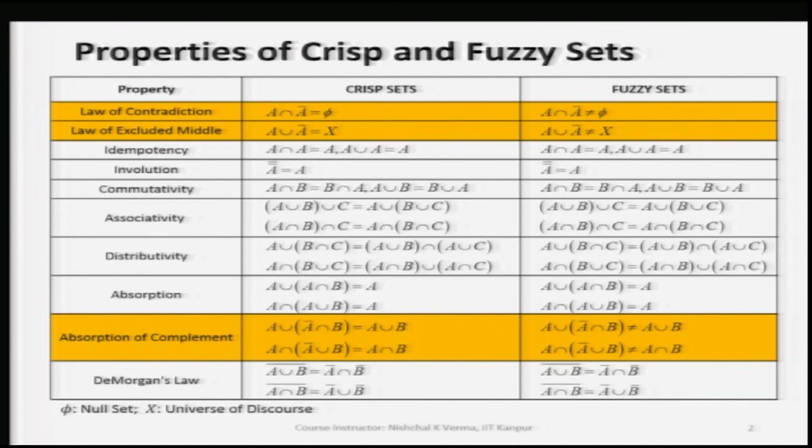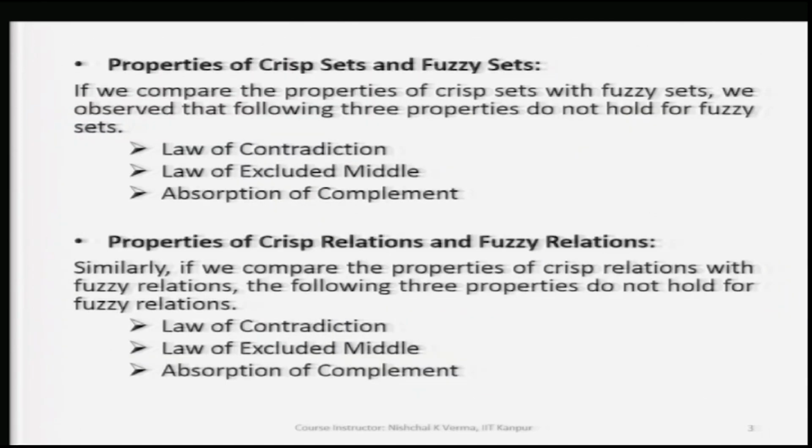These three properties are not followed by the fuzzy sets, whereas these properties are followed by the crisp sets. As I have already discussed in my previous lectures, law of contradiction, law of excluded middle and absorption of complement do not hold good for fuzzy sets.